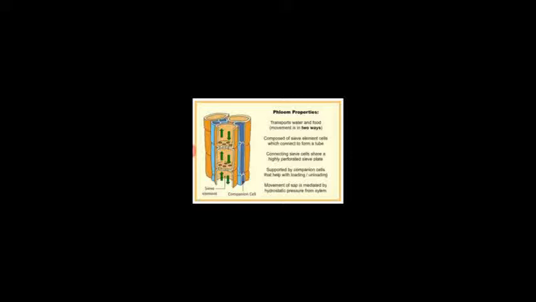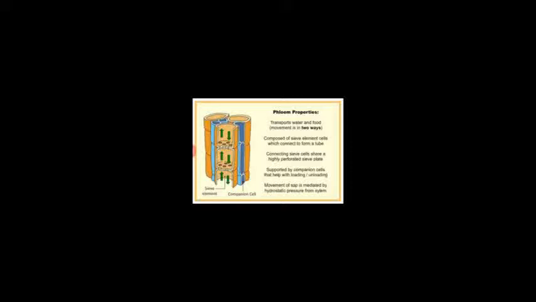The main function of phloem is to conduct food from the leaves to the other parts of the plant. It also stores food and provides mechanical support to the softer phloem tissue.